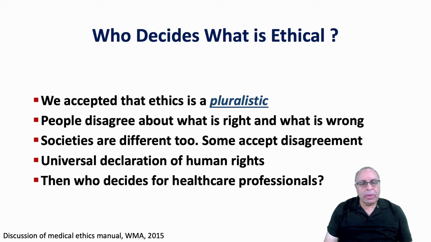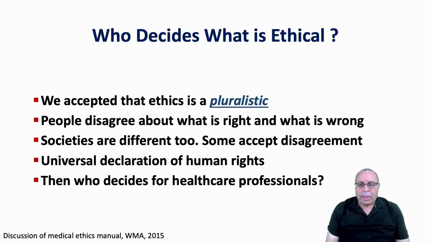It seems the medical community, and even the community at large, have agreed that ethics is a pluralistic thing. What's meant by pluralistic for the non-English speaking? That means متعددة أو تعددية.